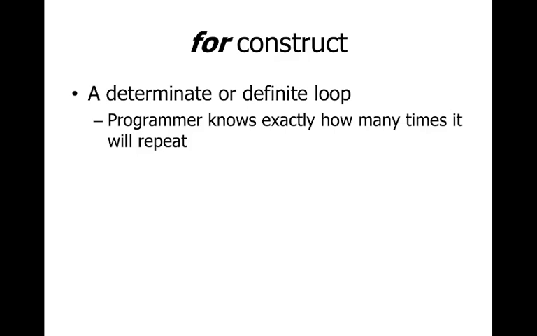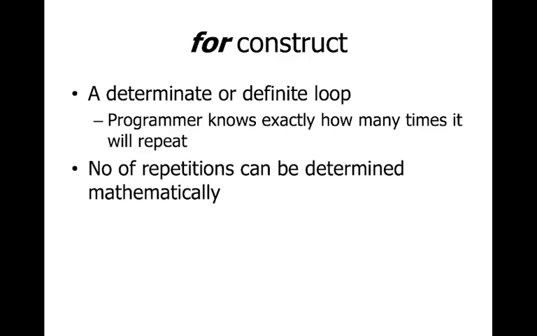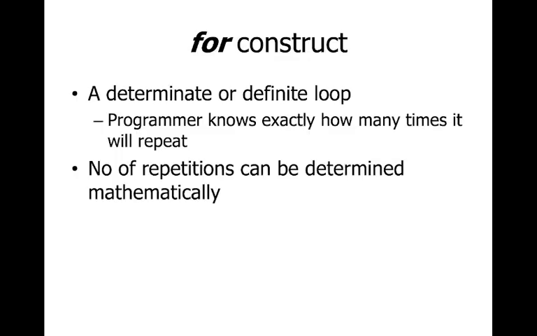But here we can mathematically calculate the number of times a loop will be repeated. So number of repetitions can be determined mathematically in the case of for loop. Okay, so that's the main difference between this for and the other loops. So in the case of while and do while, we may not be able to predict the result always, but here we can mathematically calculate how many times it will repeat.